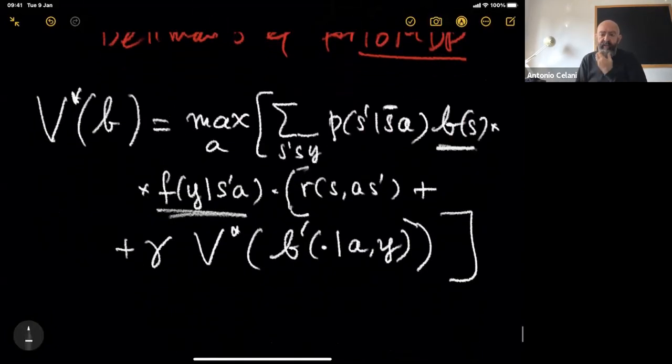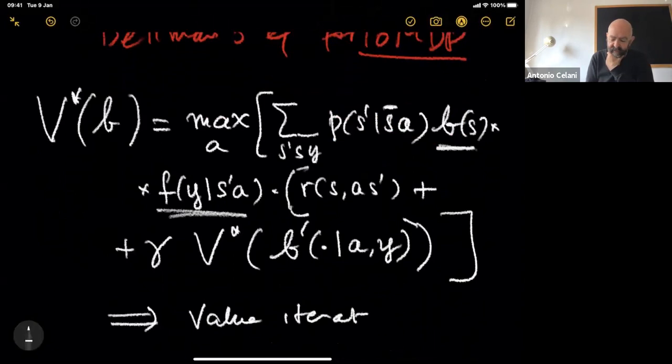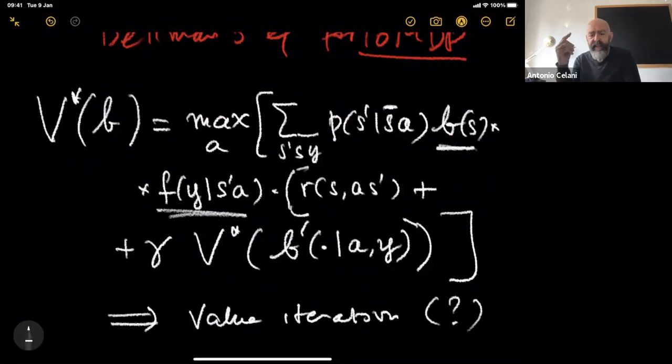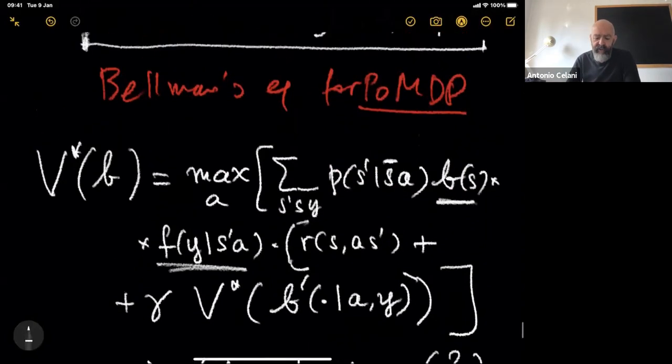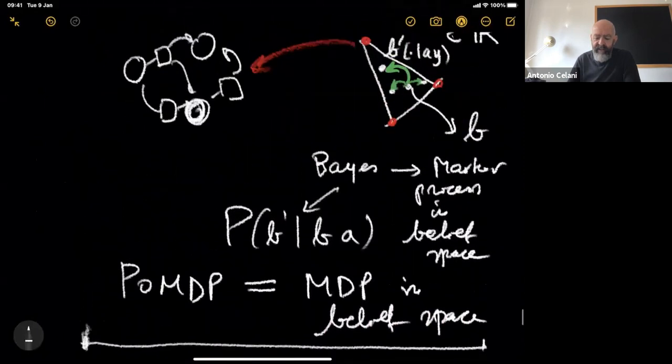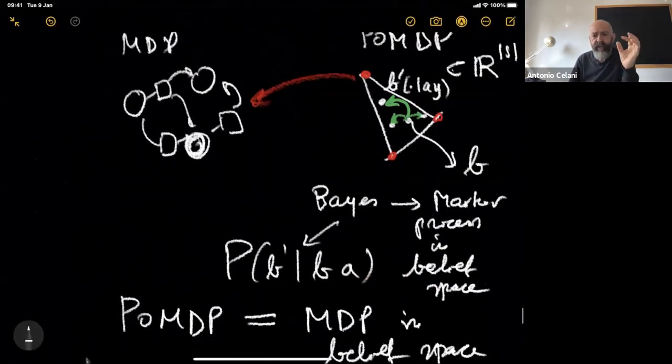So therefore, this means that in principle, you could use value iteration to solve it. And here I put immediately a question mark, because here comes the bad news. The Bellman's equation for an MDP, you might remember, amounts to finding a fixed point for a vector, because the value function is a vector.